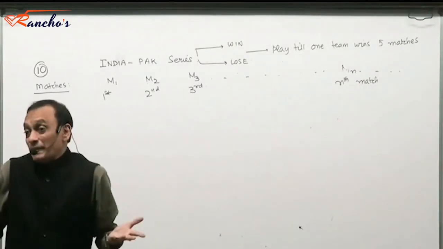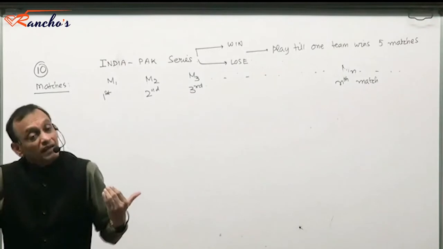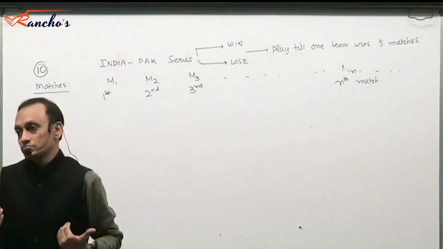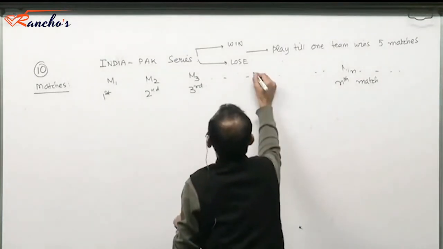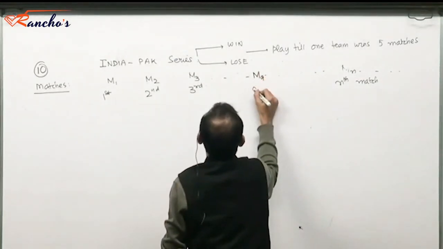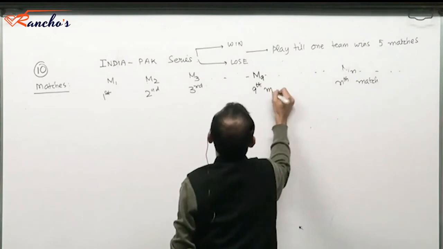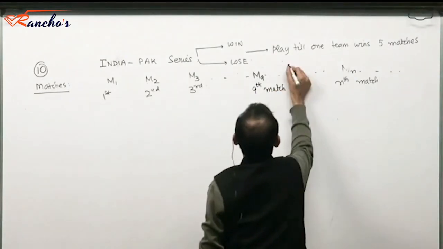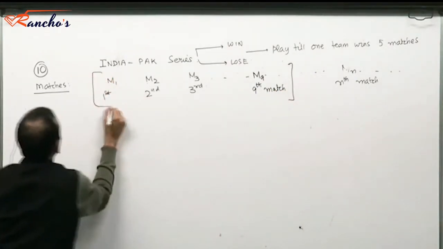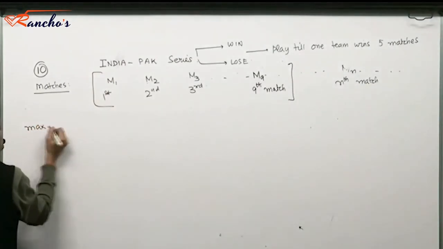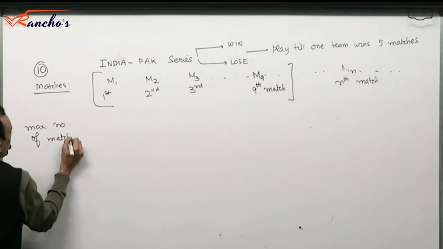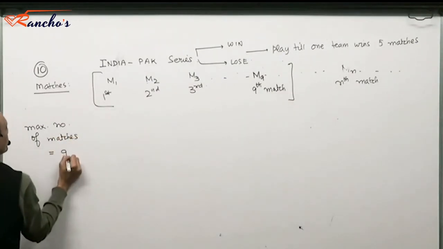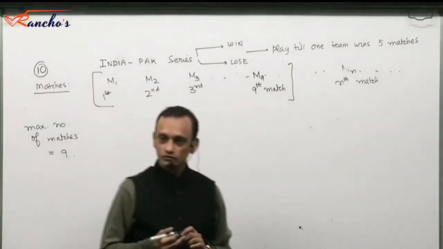Because if 9 matches are played, one team would have certainly won 5 matches. So it doesn't go up to 10 matches. The series gets suspended at the 9th match, no more matches after this. So for sure, the maximum number of matches could be 9.